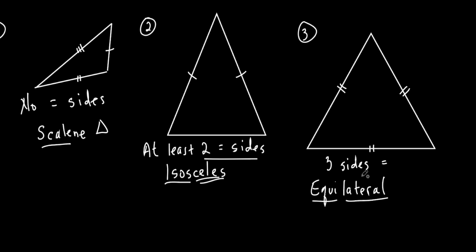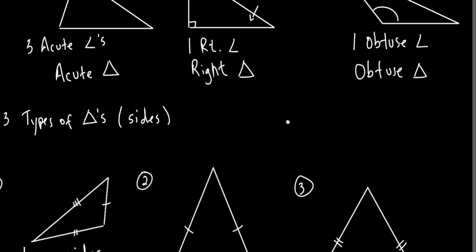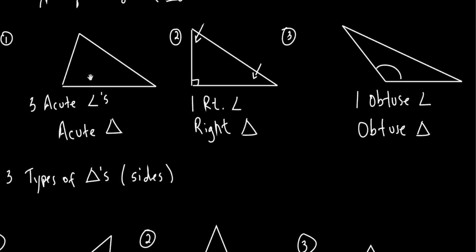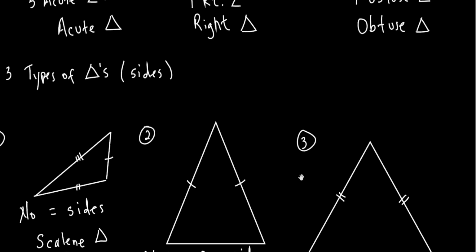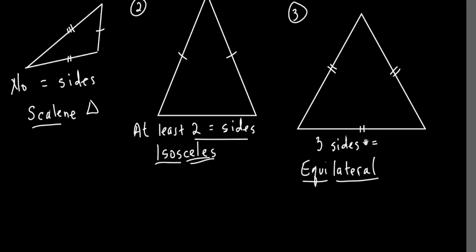Now, I'm going to add a fourth to that first one that we did. So I had acute angles, I had a right angle, I had an obtuse angle. This is not exactly one of the big three, it's like a little subcategory, but I'll do it right here. If you look at all three of these angles, look at this angle right there, and this angle right here, and this angle right here.